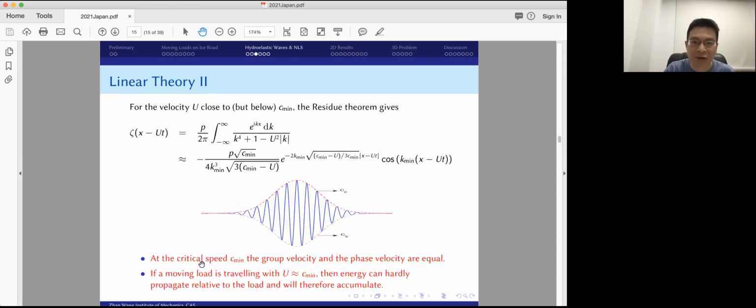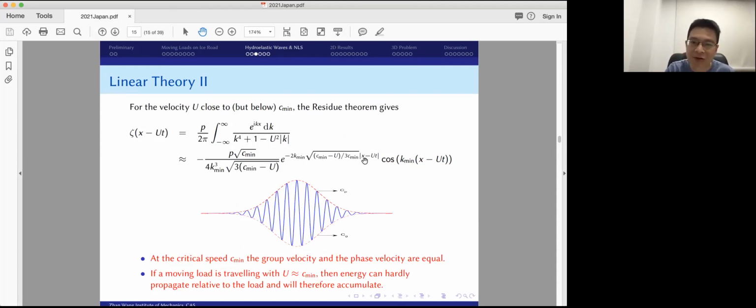And now we assume the moving velocity is slightly below the critical speed, very close to C min. Using the residue theorem, we can find the approximation of the solution, and the approximation is quite interesting, because the solution has a rapidly changing part, which is a carrier wave with a constant wave number, moving with the phase velocity u.